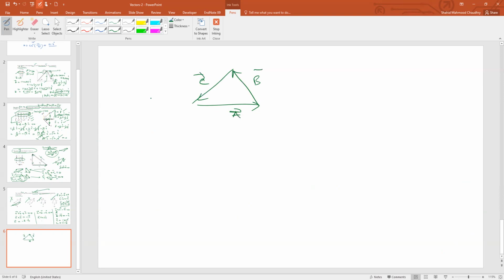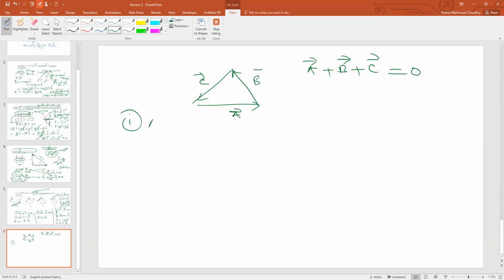The question is, the diagram shows 3 vectors which sum to 0. Which sum to 0 means A plus B plus C equal to 0. Which statement below is true?